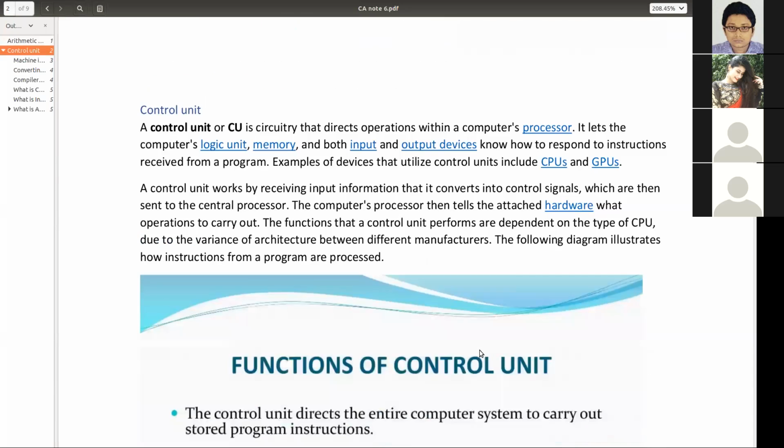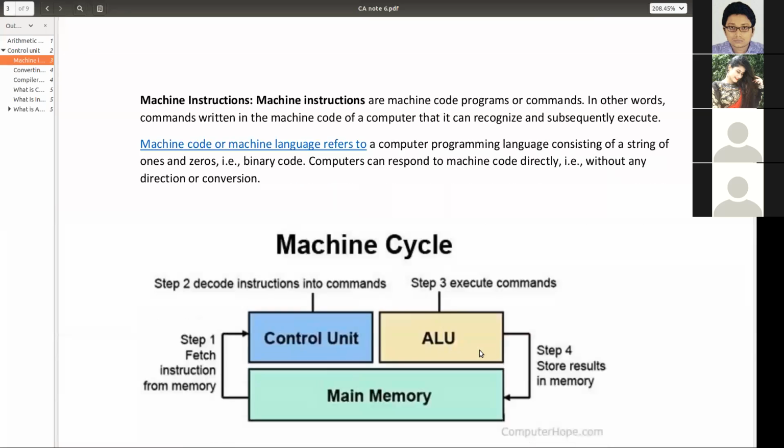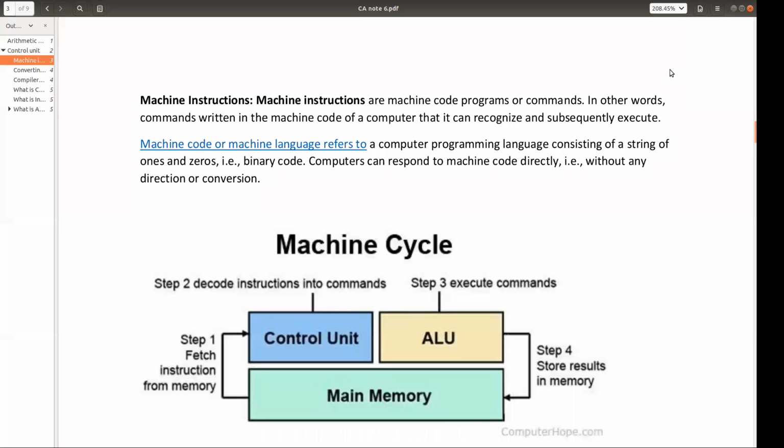Next we will see another very important thing, known as machine instructions. Now, as I told you, whatever we are performing through our computer system is basically done based on the instructions given by us.